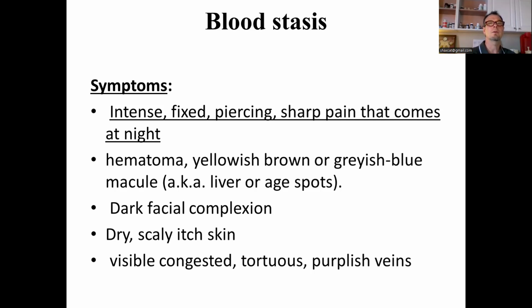Another thing is a hematoma or yellowish brown or grayish blue macula, liver spots, aging spots. And don't get thrown off a little bit. Sometimes when you have elderly patients, they'll get on Coumadin or blood thinners, and then they'll bruise up like nobody's business. That's still a form of blood stasis, but it's not naturally caused.